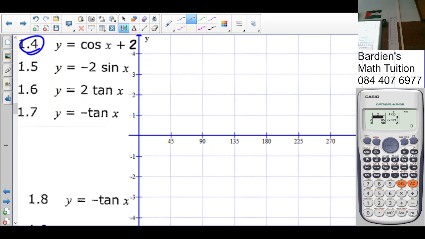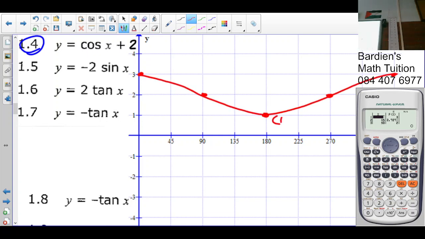Okay. So that gives us 0 corresponds with 3, 90 corresponds with 2, correct? 180 with 1, 270 with 2 and 360 with 3. Connect the dots.